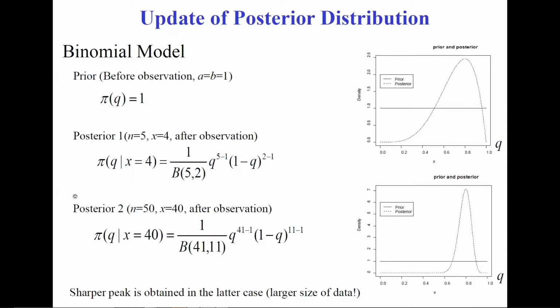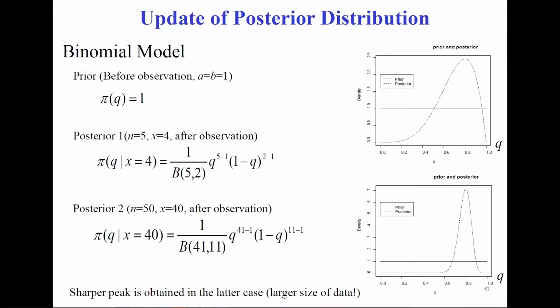Now we consider we have much more data: 50 trials, and we obtain 40 successes. Then we can calculate the posterior distribution of the parameter q. Again, we obtain a beta distribution. In the lower right, we have drawn the graph of this posterior, denoted by this dotted line. Again, we obtain the peak around 0.8, but we get a sharper peak.